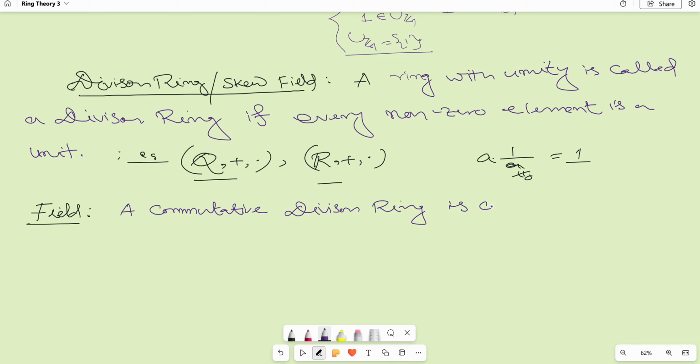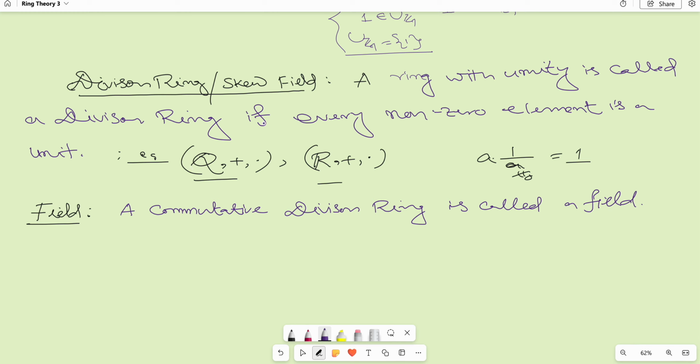We know there are other definitions of field, in terms of operations, but I am not going to talk about that, because I am in a ring theory course. I will strictly follow the notation of ring theory. A commutative division ring is called a field.